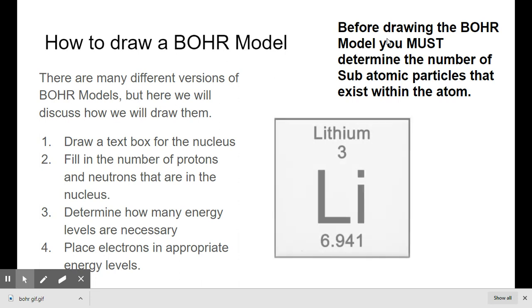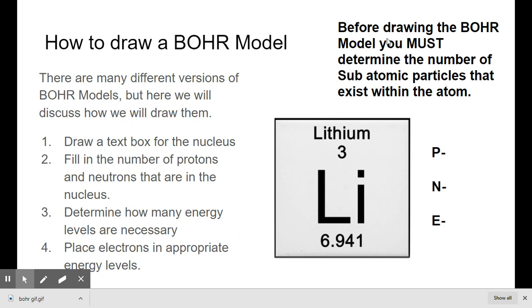In this case, we're going to use an atom of lithium. Lithium is atomic number 3. And again, going back to the APE MAN strategy, if the atomic number of lithium is 3, then that means that there are 3 protons and 3 electrons, right?